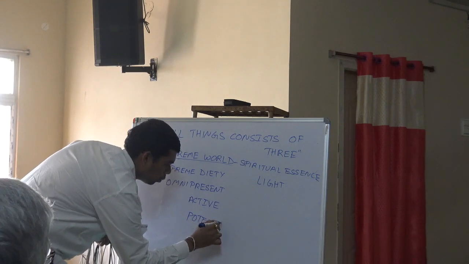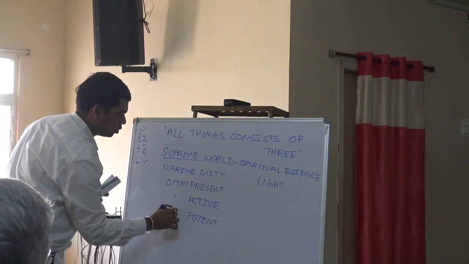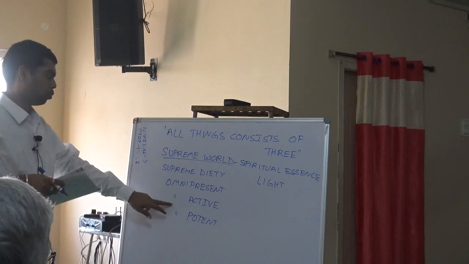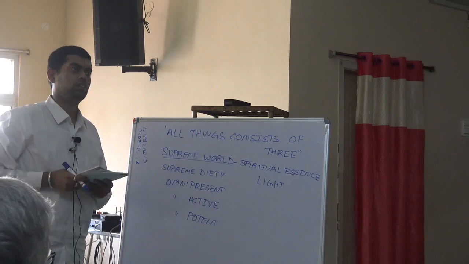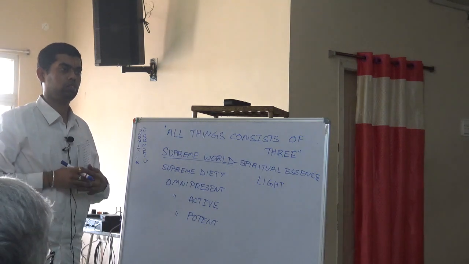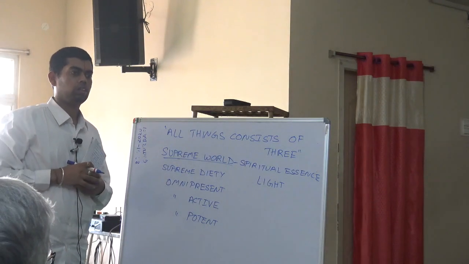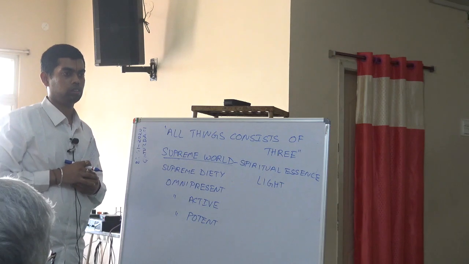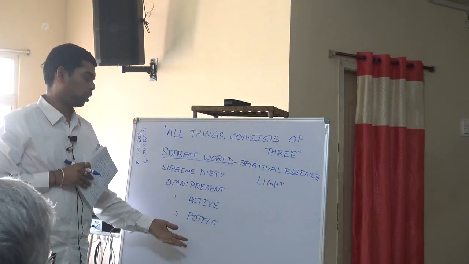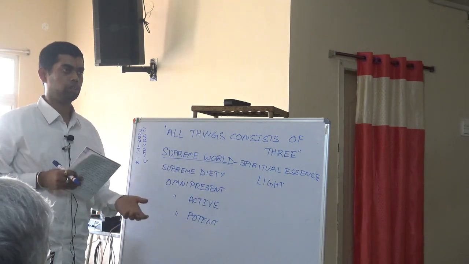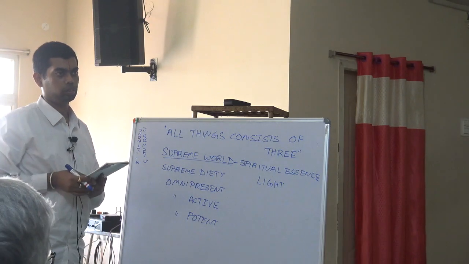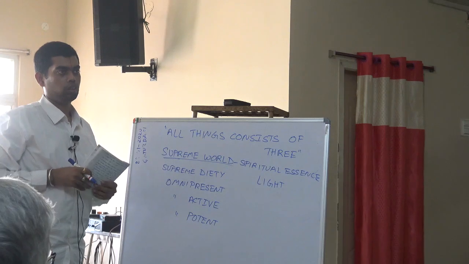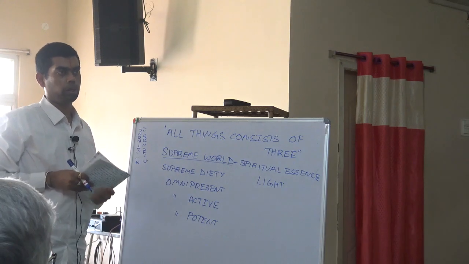And omnipotent. This omni is there. Omni-active, omnipotent. So these technical words are important when we study some books. That's why I am telling them here, so that we understand better when we read them.